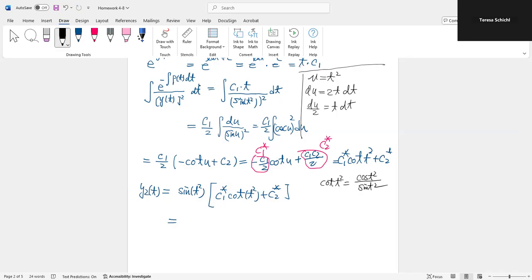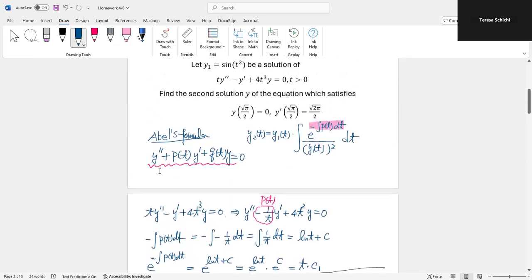That's why when you FOIL this, this one will be C1 star cosine t squared, because the sine t squared cancels out, then plus C2 star sine t squared. All right. So now this is my y2. Now I need to plug in my initial values.